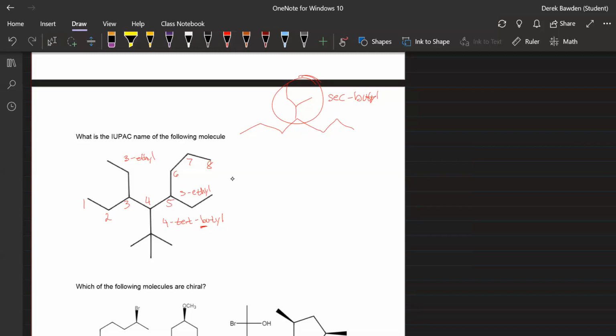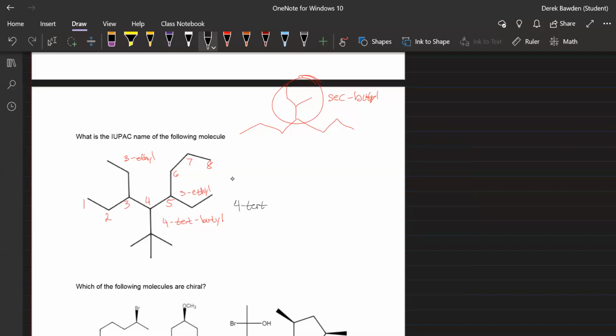All of the other ones, like isopropyl and isobutyl, are not spelled with dashes. Tert-butyl and sec-butyl are your exceptions, and if it's spelled with a dash, you go with the B. If it's not spelled with a dash, you go with the first letter, so I for iso. So just remember that.